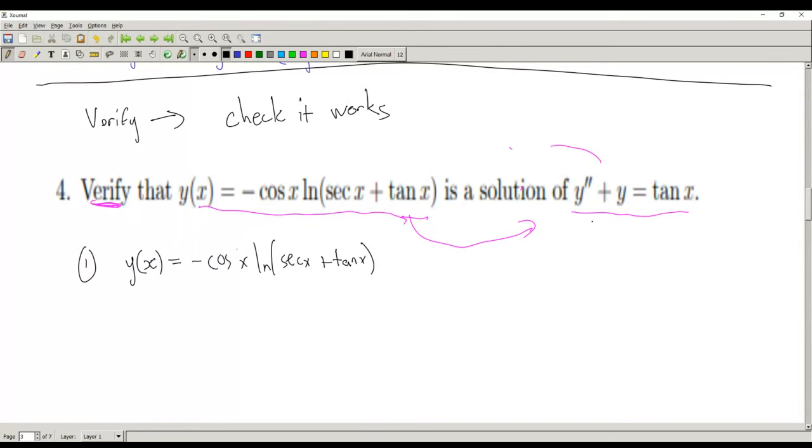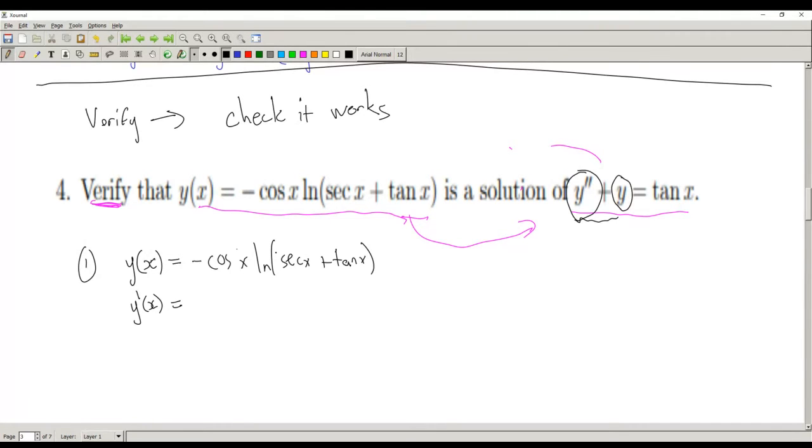Now, if we look at our equation over here, we have y prime prime and we have y. The nice part is we know how to do differentiation because we've all done pure or engineering maths last year. So first things first, we need to work out what y prime prime is. The easiest way to go about it is to work out what y prime is.